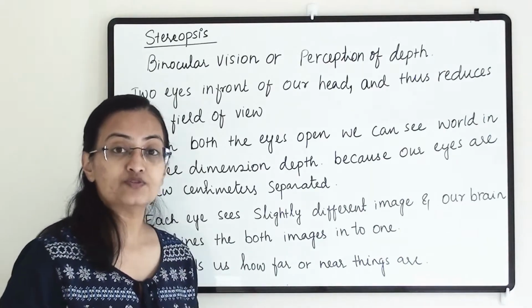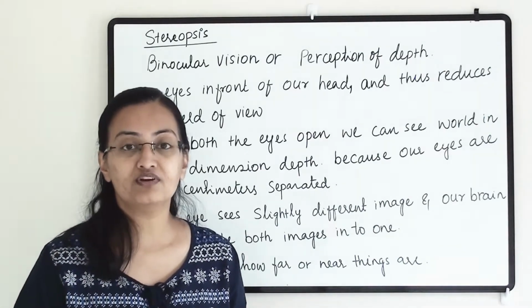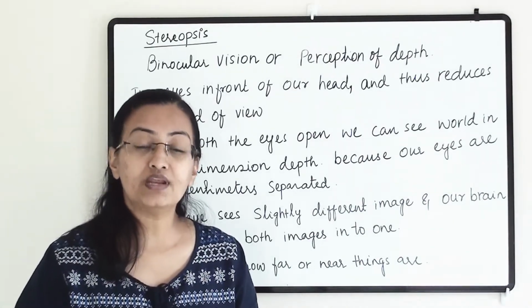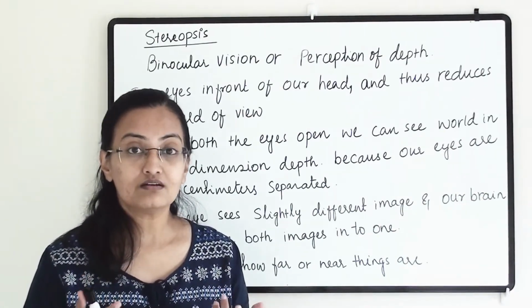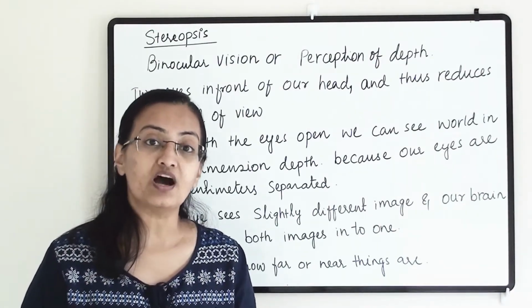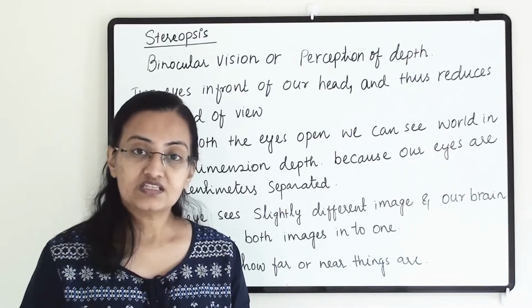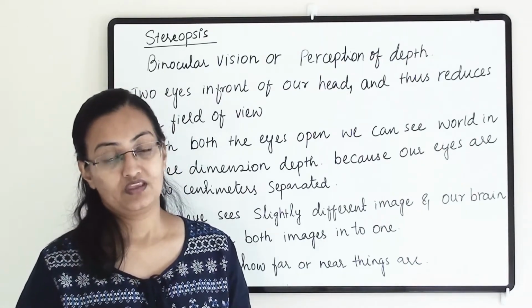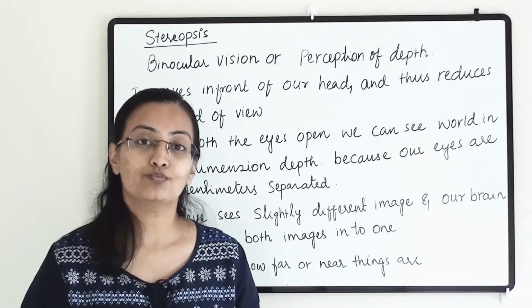Now once you experience that the images from the left eye and right eye are a little bit different, how is our brain interpreting this? When we see an object with both eyes open, both optic nerves send messages to the brain, and the brain interprets things for us and shows us one combined image from both eyes.